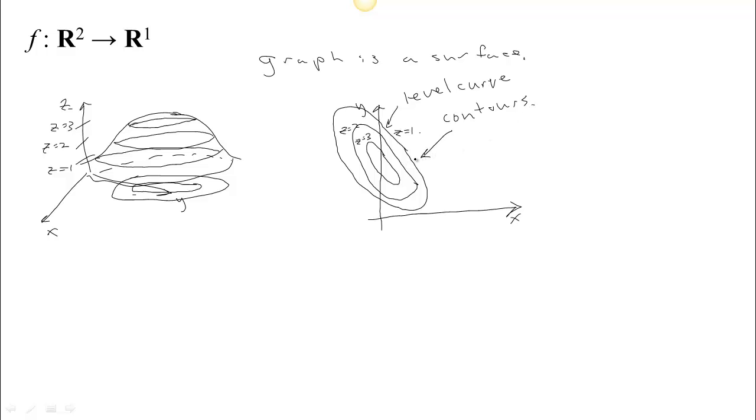The advantage here is that even though it's 3-dimensional, I can depict that 3-dimensional thing using just 2 dimensions, and that's why it's used for maps, right? A map is a flat sheet, but we can depict all the points that have the same altitude, and you can get a sense from those points what the shape looks like. So a second representation would be to look at the level curves.